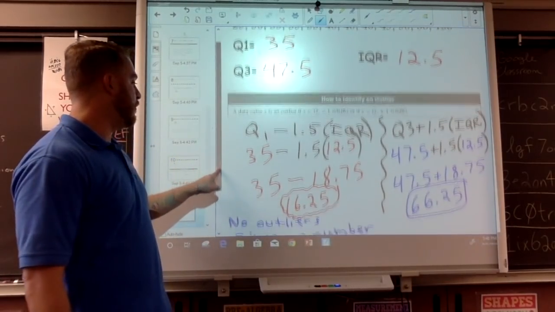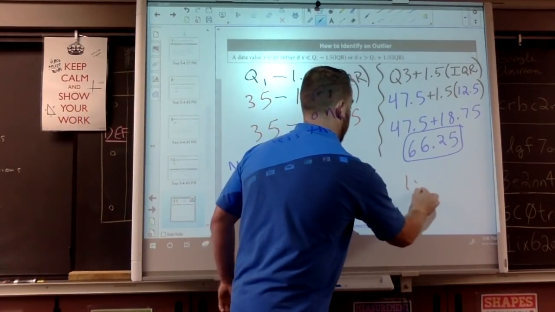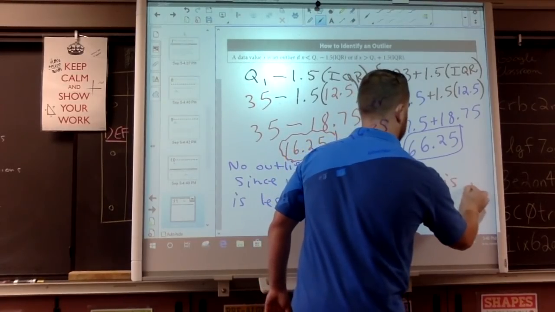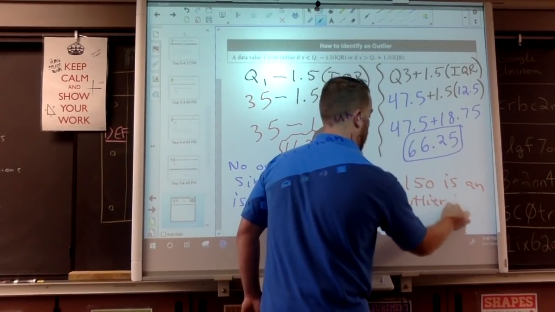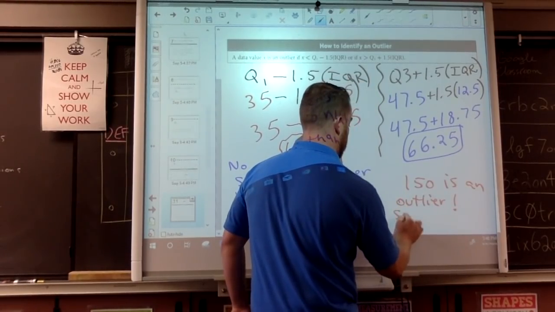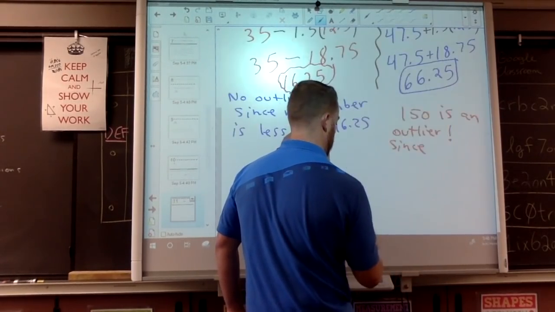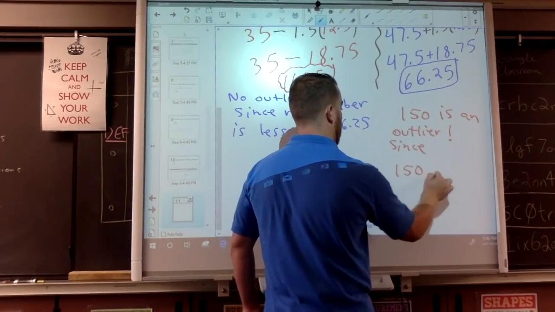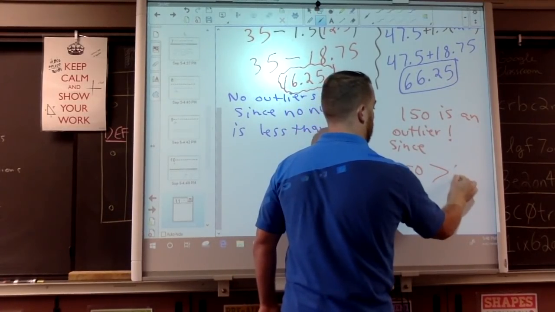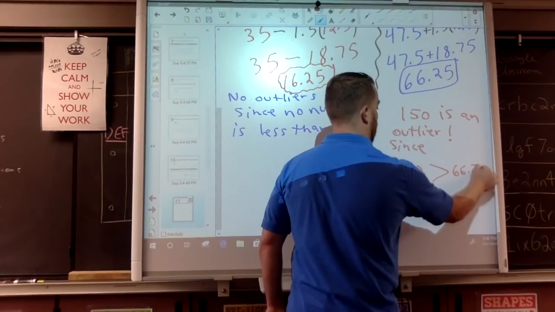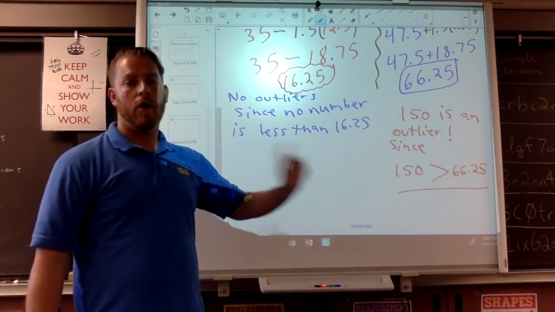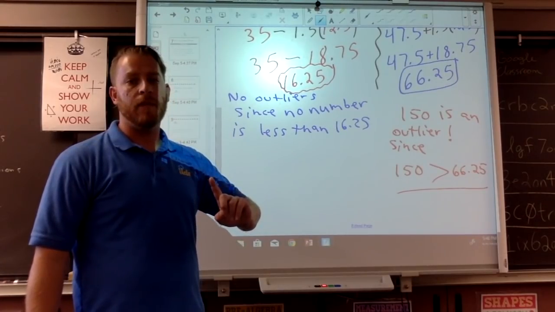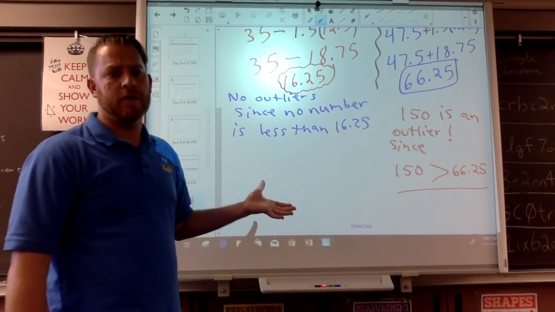Yeah, we sure do, 150. So 150 is an outlier since 150 is greater than 66.25. So we have one outlier, and it is the number 150, as we kind of predicted earlier in the slides.